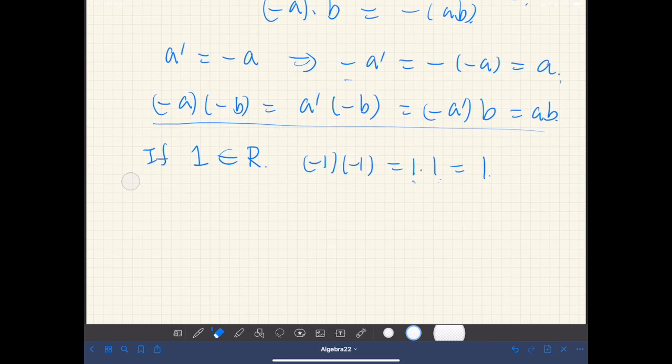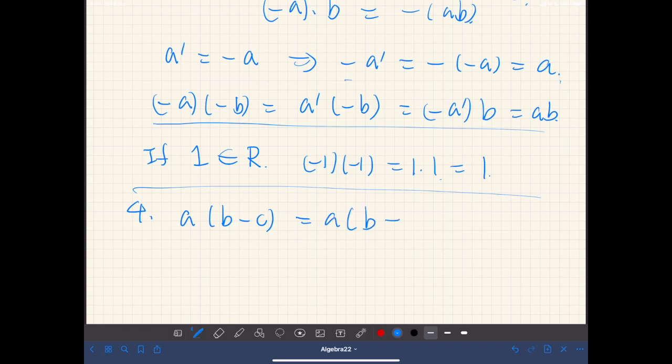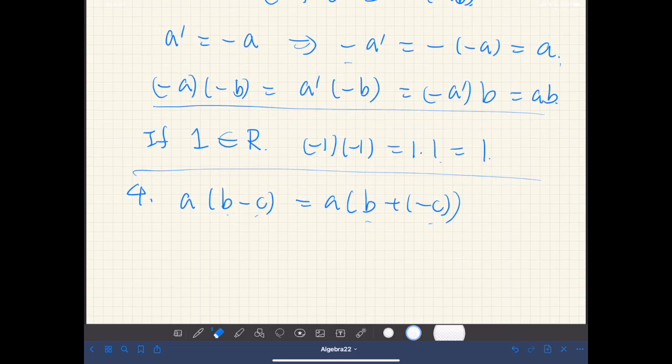And part 4 should be straightforward once you recognize the definition of subtraction. So a times b minus c. This really means a times b plus minus c, right? This subtraction is just an abbreviation for this addition with an inverse element. Okay, then we apply the distributive law. So that becomes ab plus a times negative c.